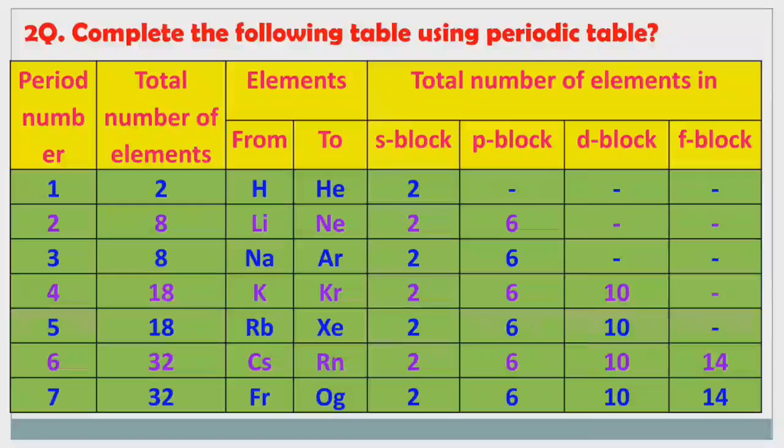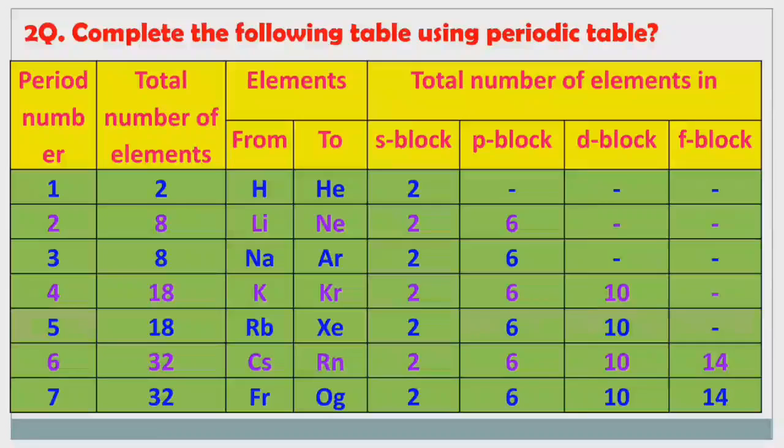In that, 2 are s block, 6 are p block and 10 are d block elements. Fifth period again contains 18 elements from rubidium to xenon. Again same thing: 2 are s block, 6 are p block and 10 are d block elements.